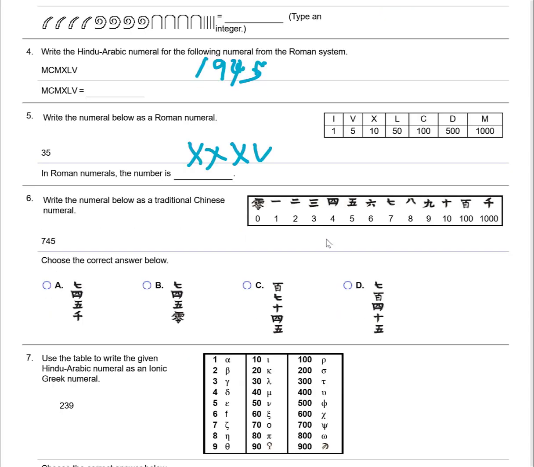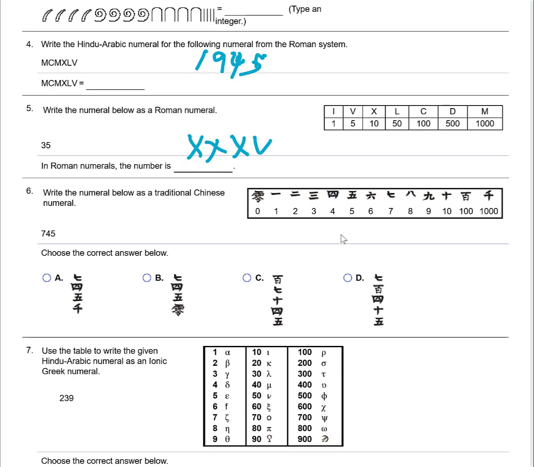Okay, for number 6, we're writing this number as a traditional Chinese numeral. So we see 745, and we know we're going to start at the top. We write these vertically. We see the number 7, and that's a 7 times 100, and here's the symbol for 100. First, I know I've got to have 5 different symbols shown here, so I can eliminate answers A and B because they've only got 4.